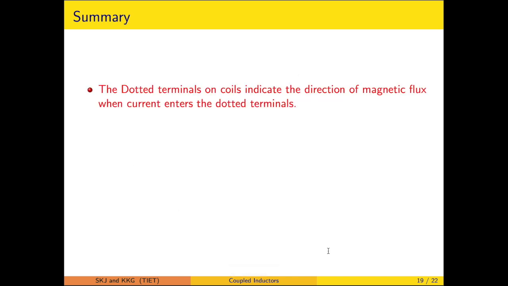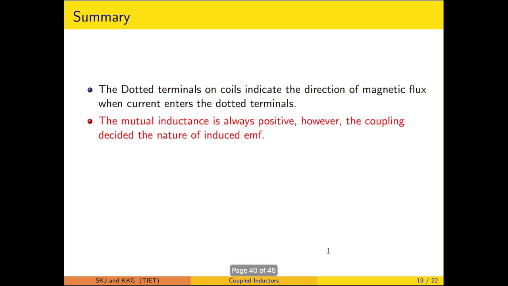So as a summary, the dotted terminals on the coil indicate the direction of magnetic flux when the current enters the dotted terminals. In the example which we considered, the direction of flux was always clockwise when the current was entering the mutually coupled coils through the dotted terminals. The mutual inductance is always positive.